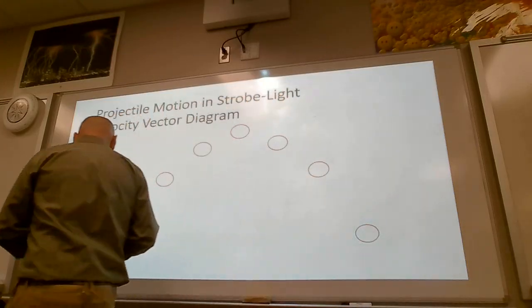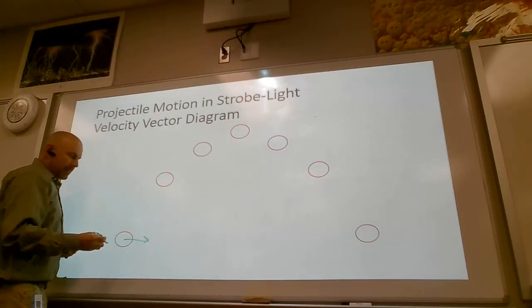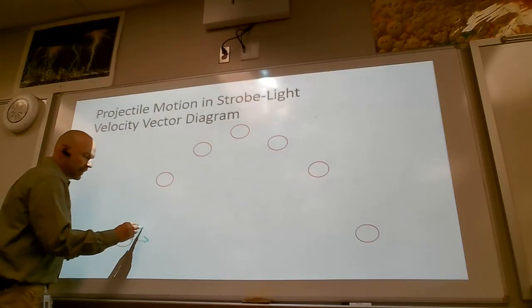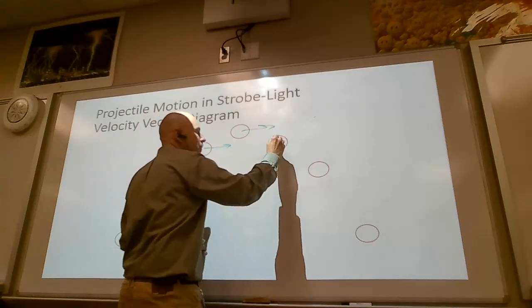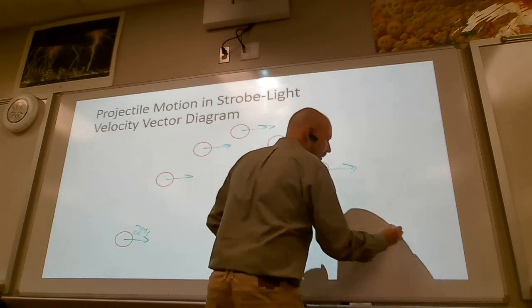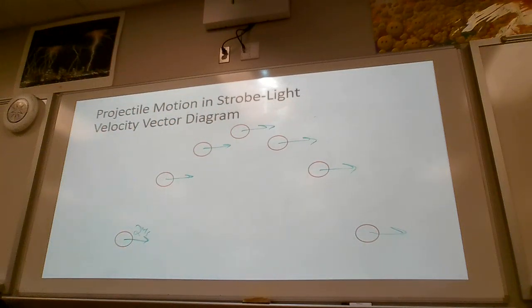In the horizontal direction, it was going 2 meters per second, making that number up. It maintains that 2 meters per second the entire time, because there's nothing else acting on it. It's doing exactly what inertia wants to do. It's like, yes! Keep going.